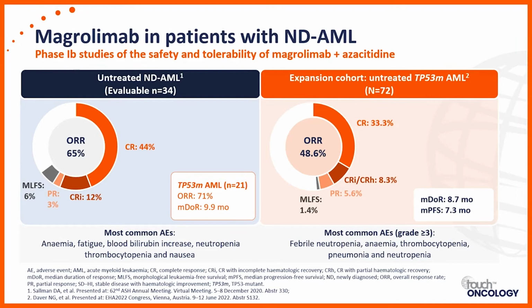So we are expecting to see the results also in MD-AML patients, because in this population, the naive population achieved in 65% of cases a good response, whereas in the expansion cohort of untreated but TP53 mutated patients, there was a 48% response rate. And again, median duration of response, especially in this very critical subset of patients, was exceeding 8 months.